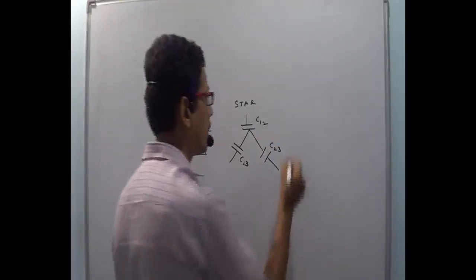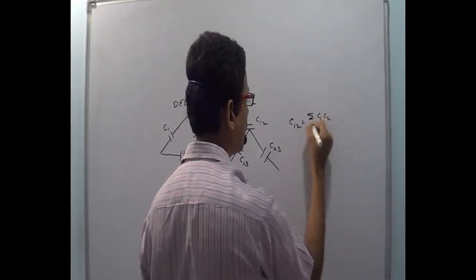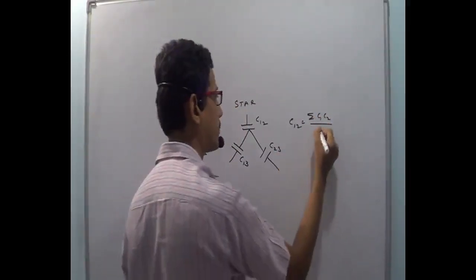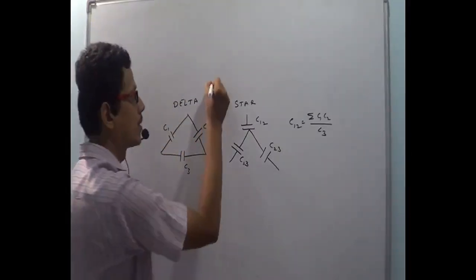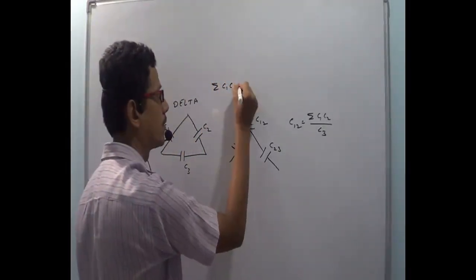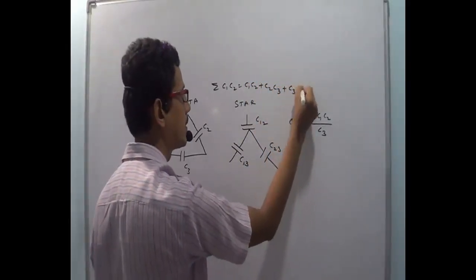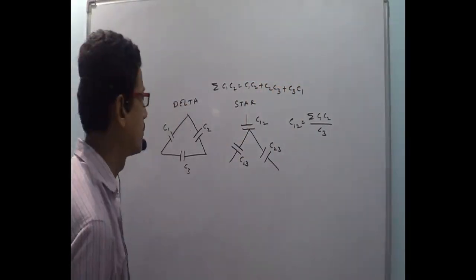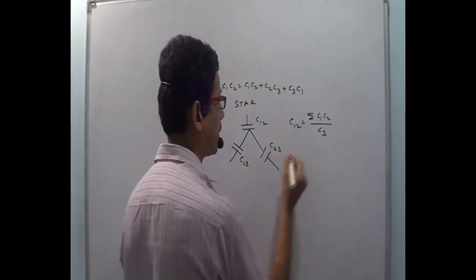So we have C12 as sigma C1C2 divided by C3. What is sigma C1C2? Sigma C1C2 is C1C2 plus C2C3 plus C3C1. And what is C13?